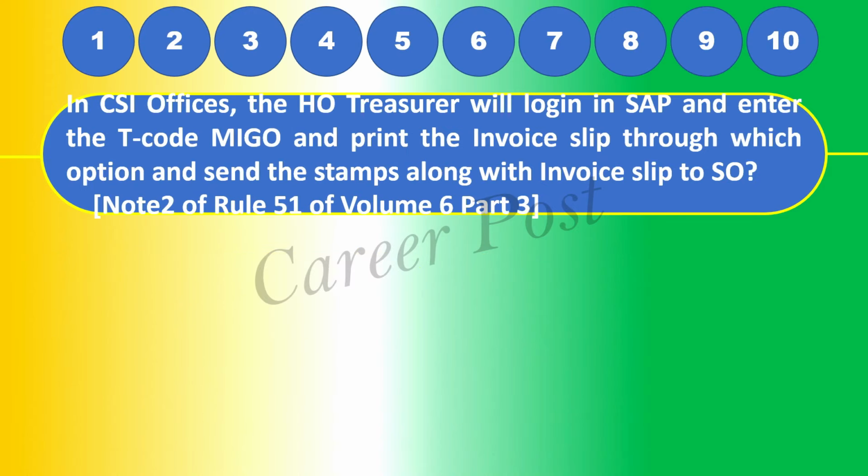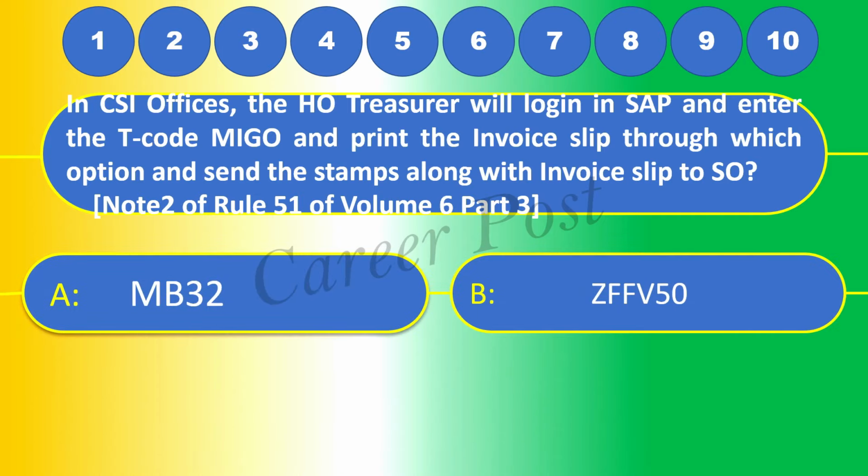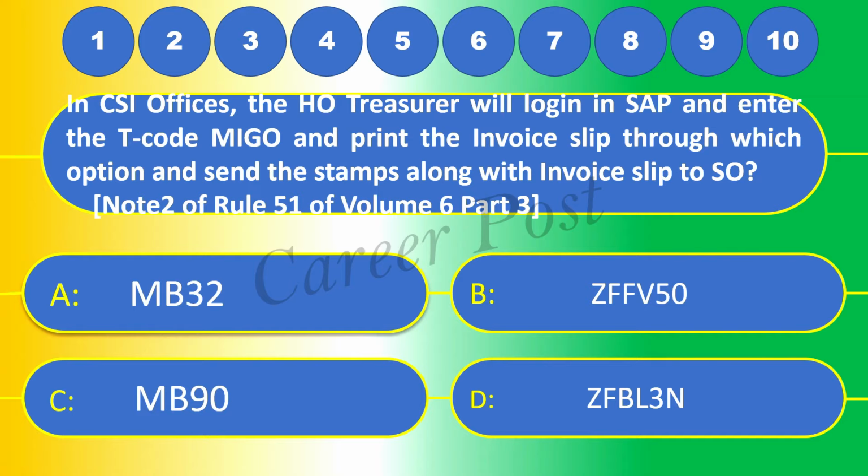In CSI offices, the HO treasurer will log in SAP and enter T code MIGO and print the invoice slip through which option, and send the stamps along with the invoice slip to SO. Note 2 of Rule 51 of Volume 6 Part 3. A. MB32. B. ZFFV50. C. MB90. D. ZFBL3N. Your time starts now. What is the question?